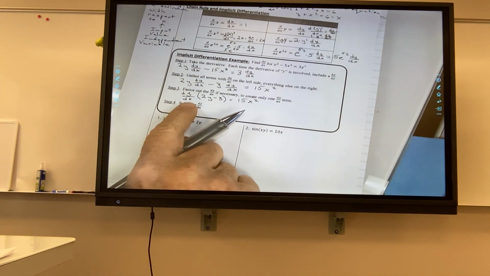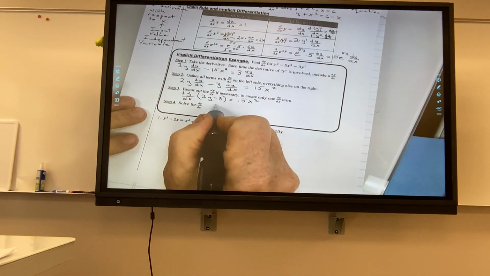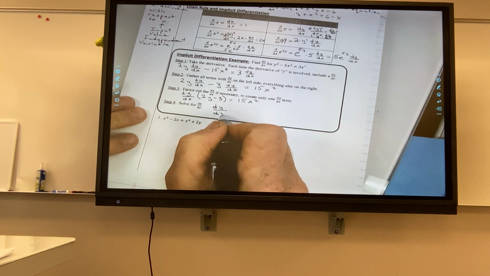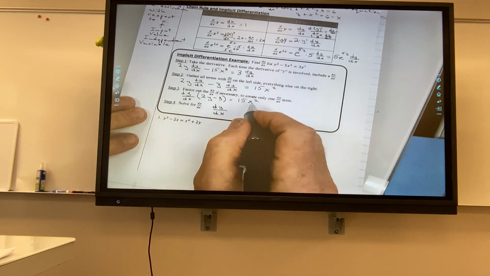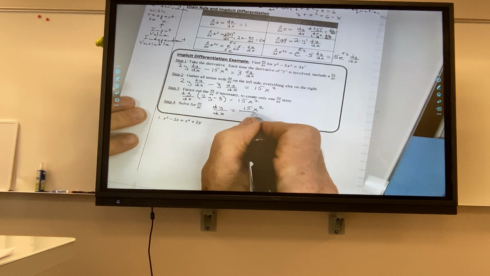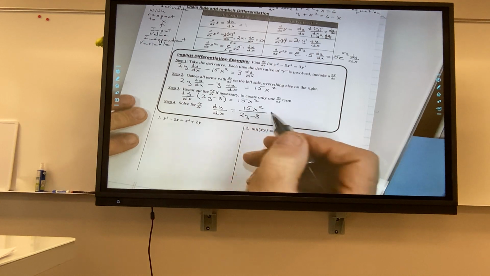So now I have 1 dy over dx. And then what I'm going to do is divide both sides by 2y minus 3, and I'm going to get this expression, 15x squared over 2y minus 3.